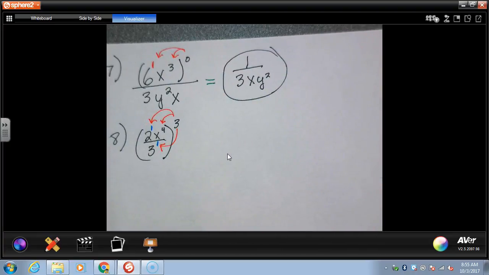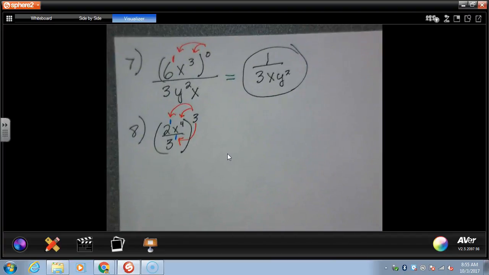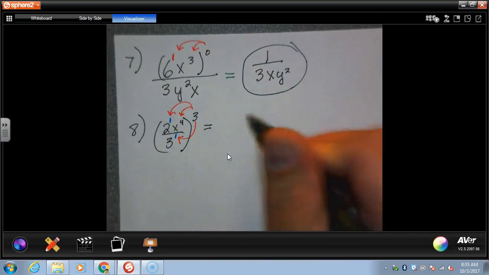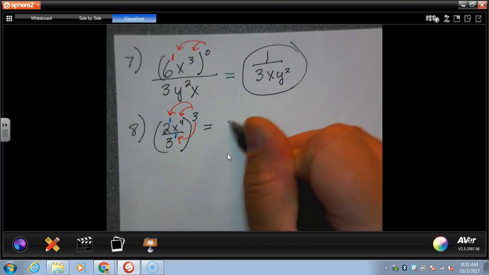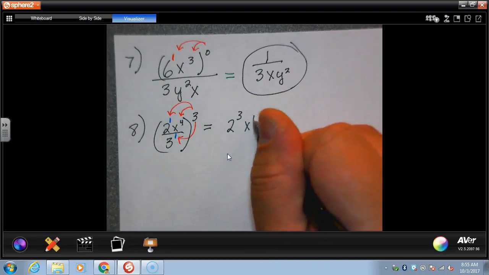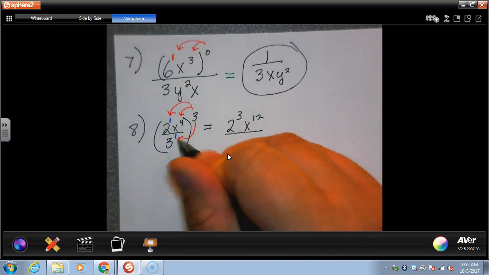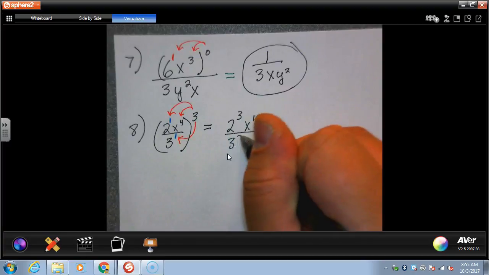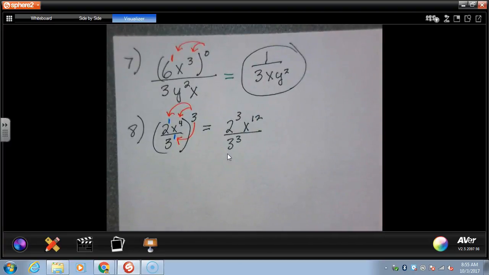There's a couple of different ways of doing these. I'll show you if they get a little more difficult. So I have 2 to the 1 times 3, which is 3. X to the 4 times 3 is x to the 12. 3 to the 1 times 3 is 3 to the 3. I have no problem leaving it like this.